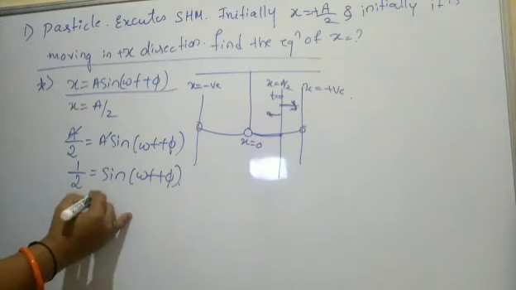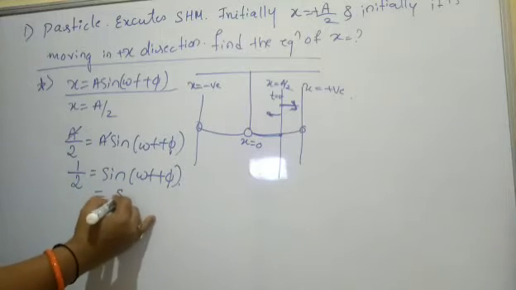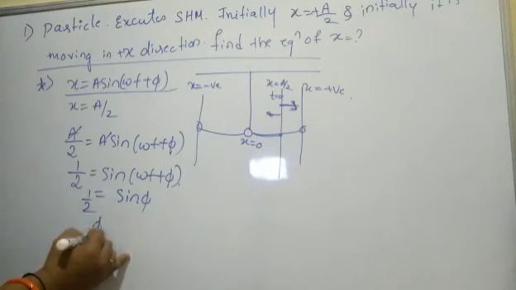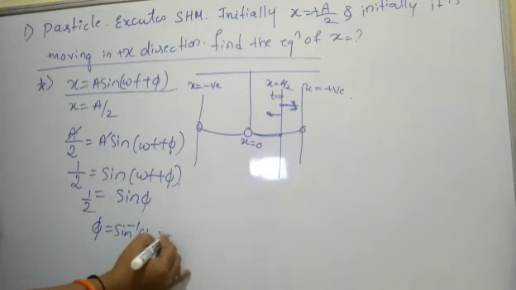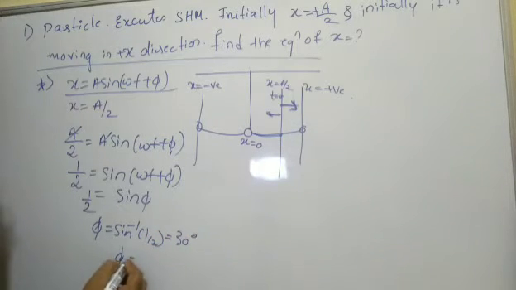Then sin φ = 1/2. That means φ = sin⁻¹(1/2), that is 30 degrees. So we got φ = 30 degrees here.